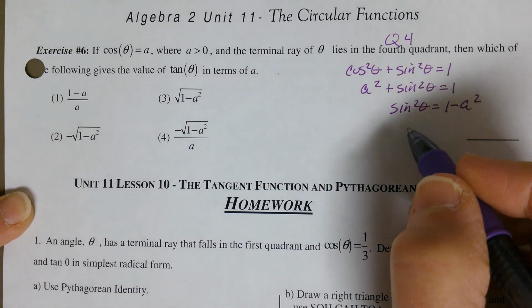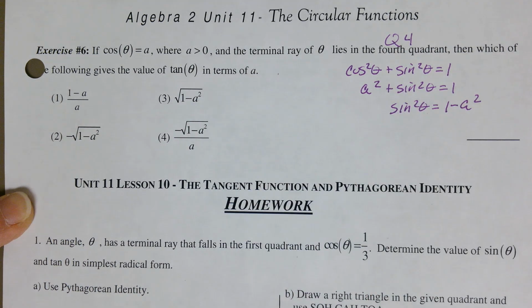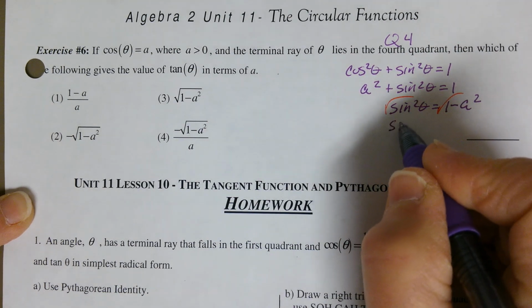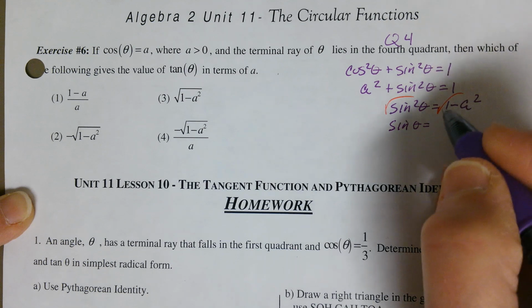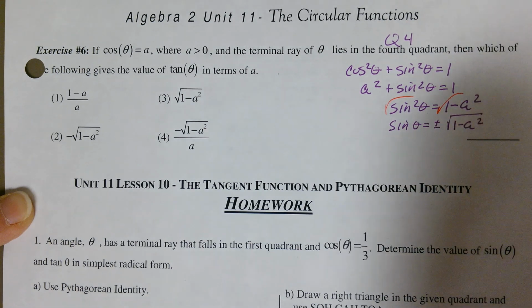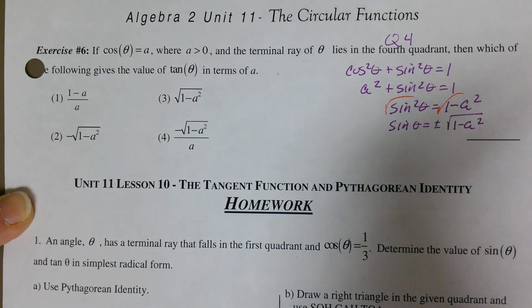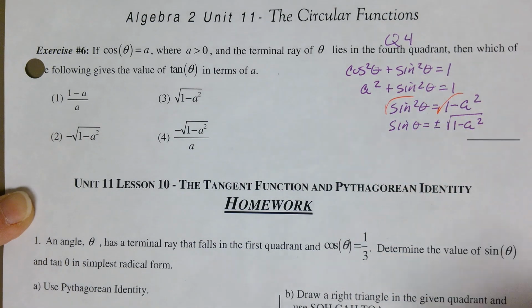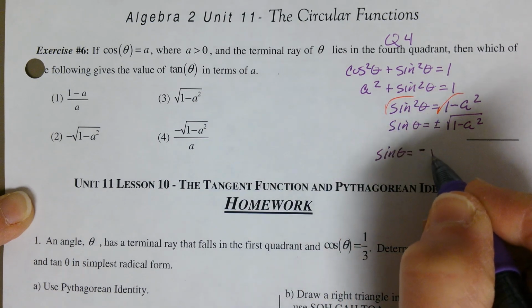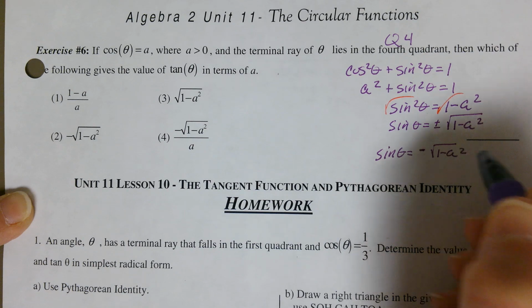And now take the square root of both sides. Sine of theta equals plus or minus the square root of 1 minus a squared. We're in quadrant 4, where sine is negative. So the sine of theta equals negative square root of 1 minus a squared.